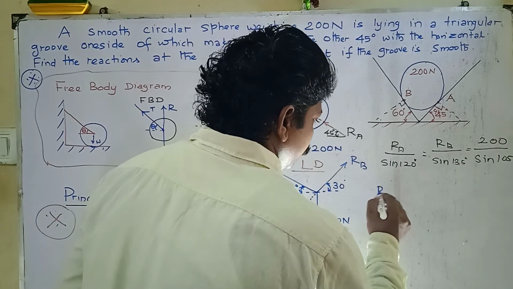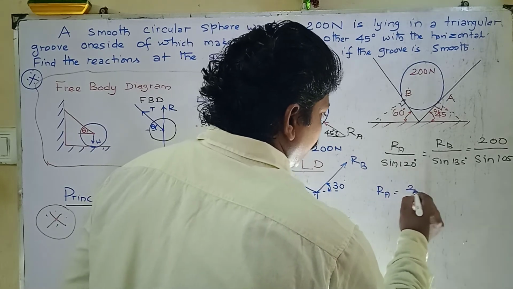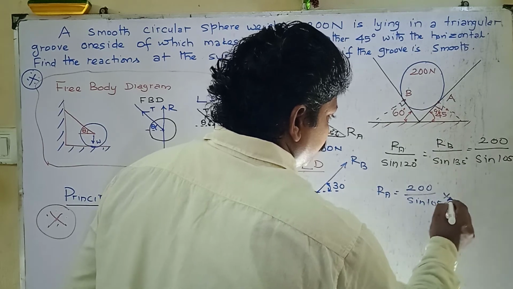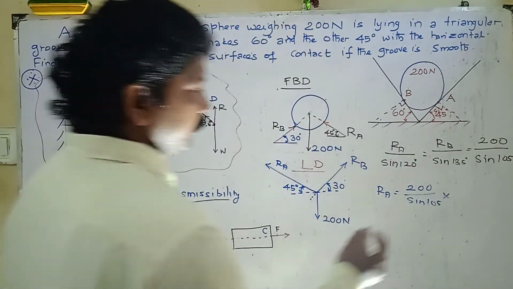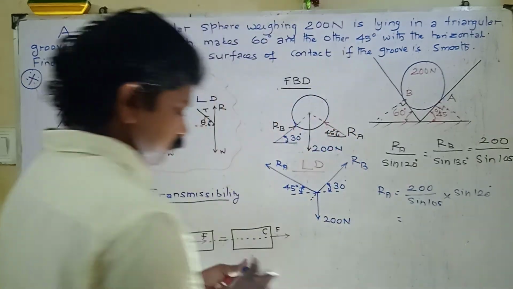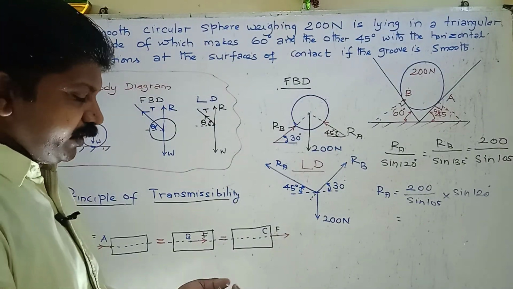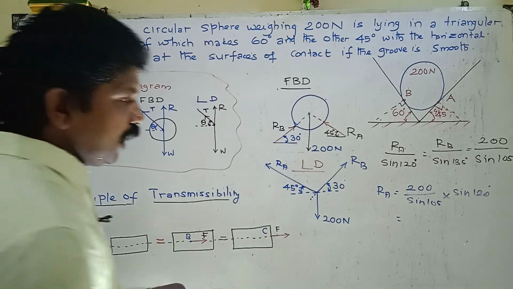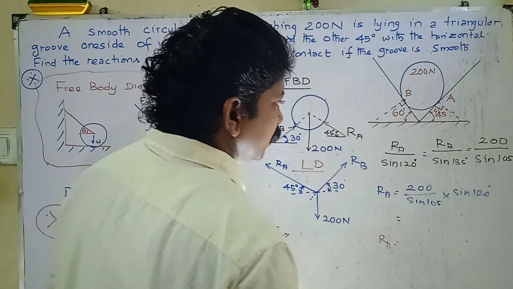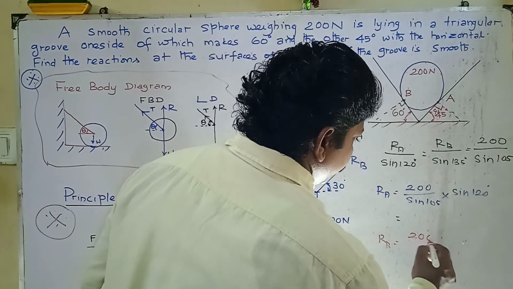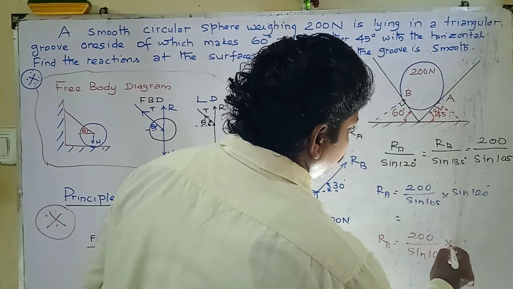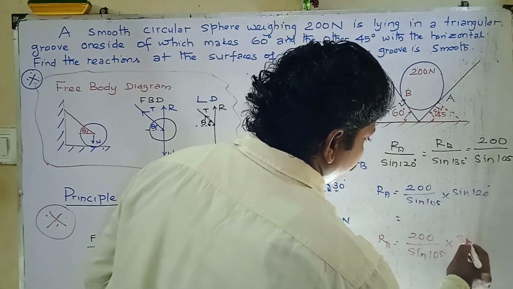Now find the RA and RB values. RA equals 200 divided by sine 105 into sine 120. Similarly, RB equals 200 divided by sine 105 into sine 135.